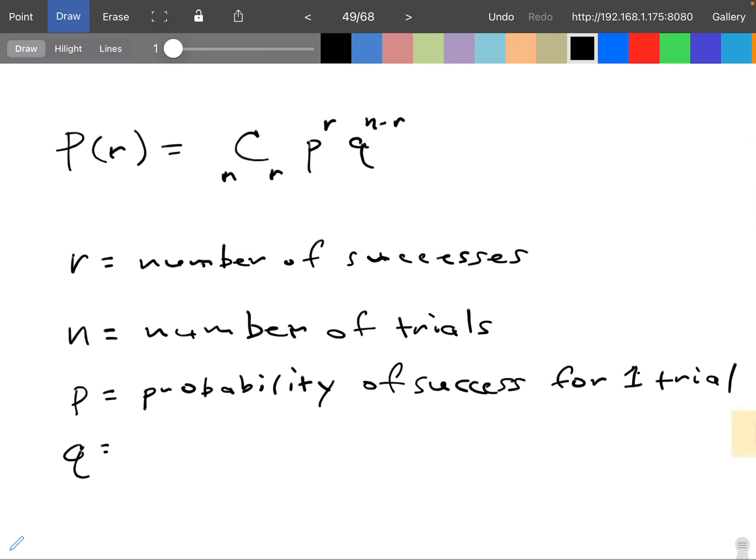And then the Q, that is the probability of failure. So that's the probability of failure for one trial.